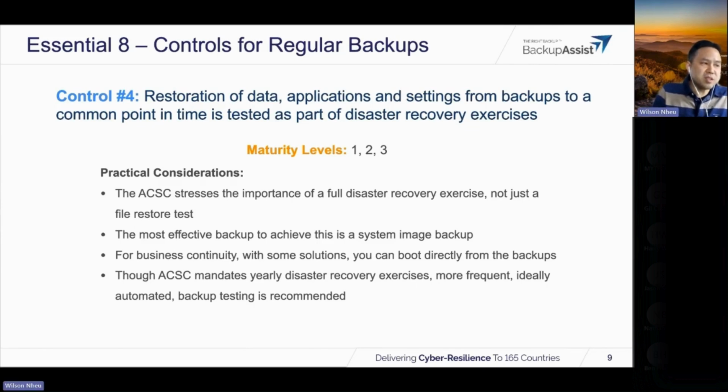Now, in terms of business continuity, there are some backup solutions that can help you boot directly from your backups.